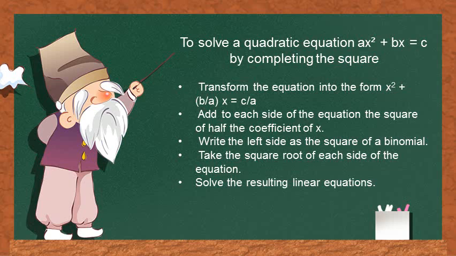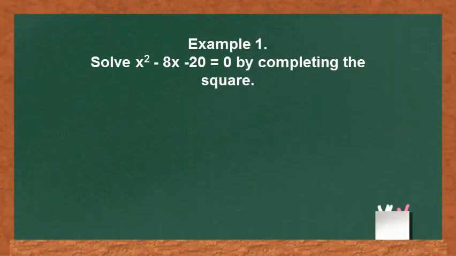Then, add to each side of the equation the square of half the coefficient of x. Then, write the left side as the square of a binomial. Then next, we need to take the square root of each side of the equation. And last, solve the resulting linear equation.